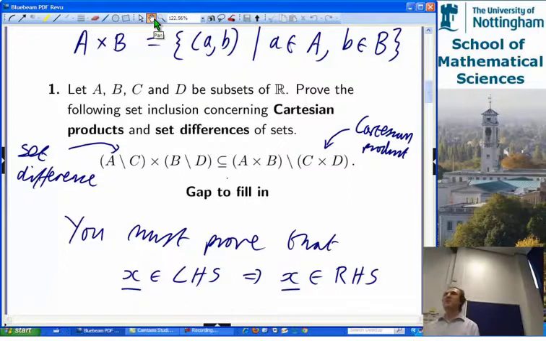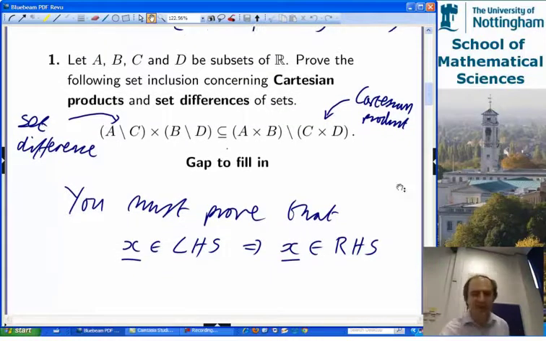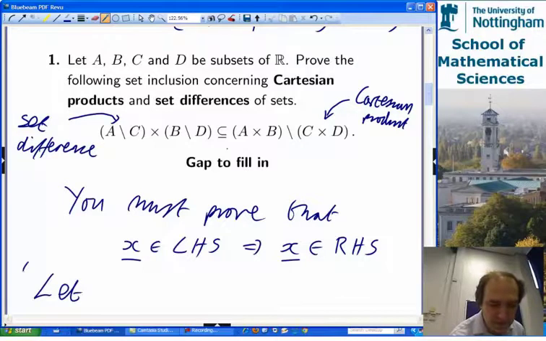All you have to do is work with the definition of set difference and Cartesian product and this structure for proving things on the left-hand side. I would recommend starting with: let x be in the left-hand side. And I'll give you an even better hint. It's a good idea to say what the coordinates are.